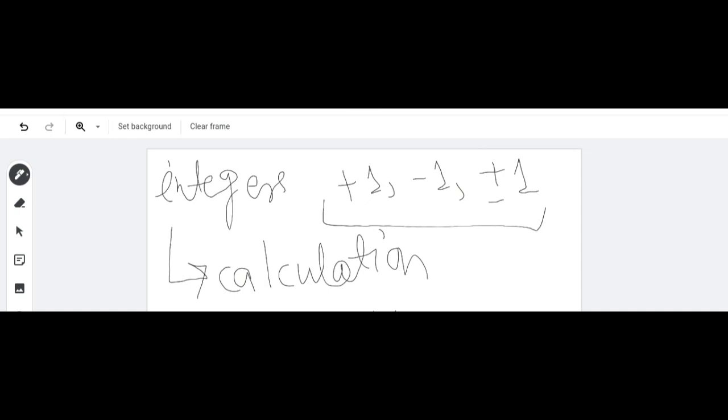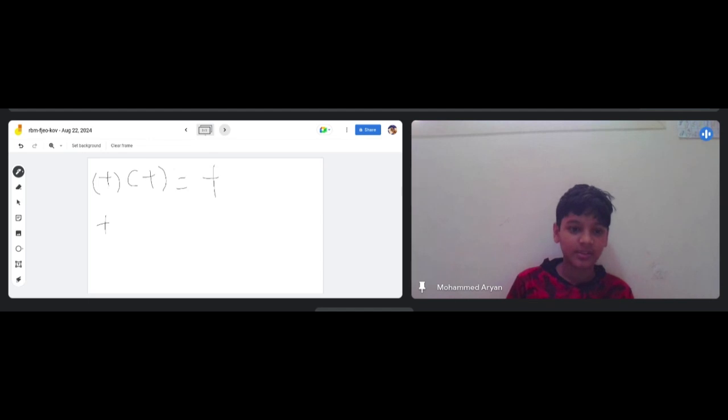Before going to addition and subtraction, you have to remember a few rules. If there is a plus and plus sign between two integers, plus plus is equal to plus, not a minus.